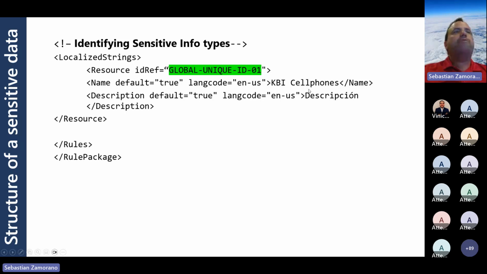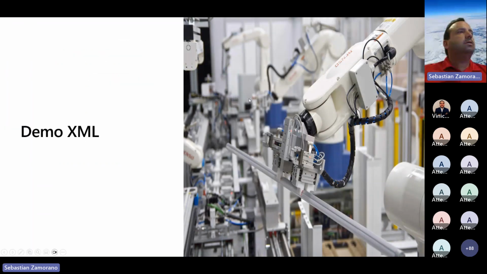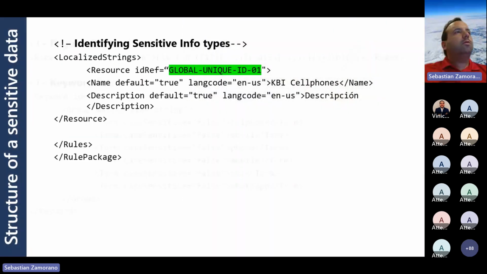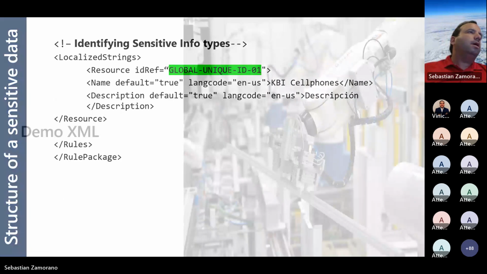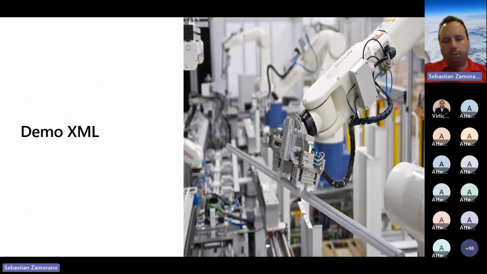That is the name for our sensitive info types when we are working in XML. We need to take care on this point, and I will explain some tips to work with that. Okay, I will go to the demo.